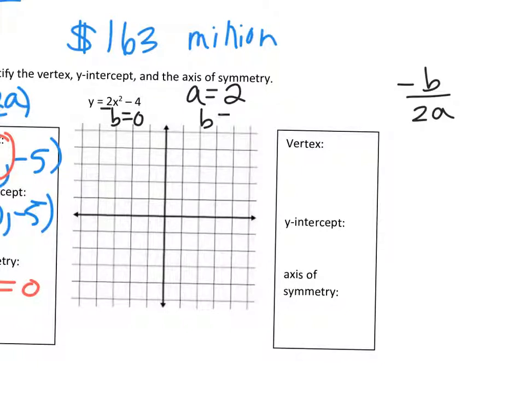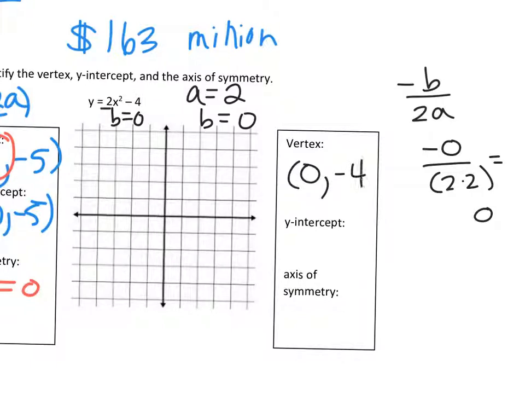So it's going to be -0 divided by 2 times 2, so that's just 0. If you plug in 0, you get -4, because 2 times 0 squared minus 4 is -4. And your y-intercept, for any function, you plug in 0 for x, so that's going to be -4. And your axis of symmetry has to be a vertical line, so it's x equals 0.